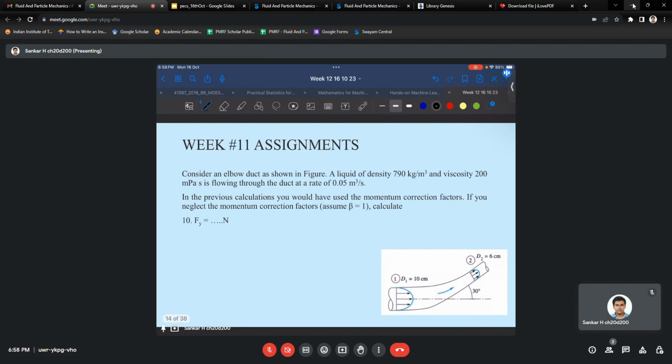Similarly, we just have to calculate it in the y direction as well, which is m2 u2 sine 30, which is rho A2 u2 square sine 30, which is 790 times pi by 4 times 0.06 square times 6.36 square times sine 30.